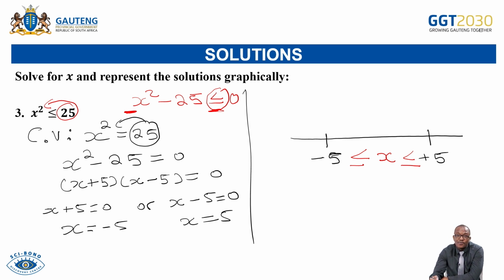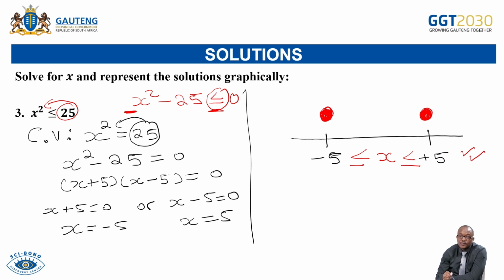Then that's how you solve your x there. Remember, this is the statement that we want to see in the form of an inequality. Dealing with them graphically, because it's less than or equal to, both circles will be shaded.